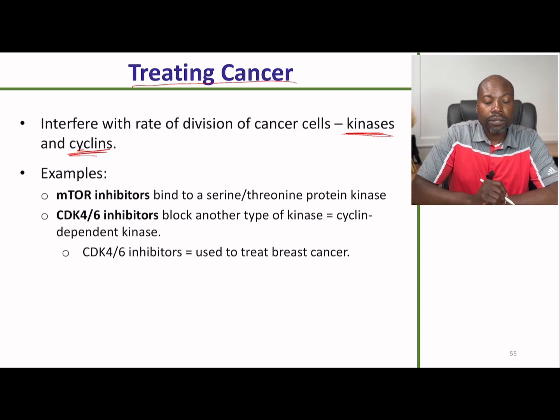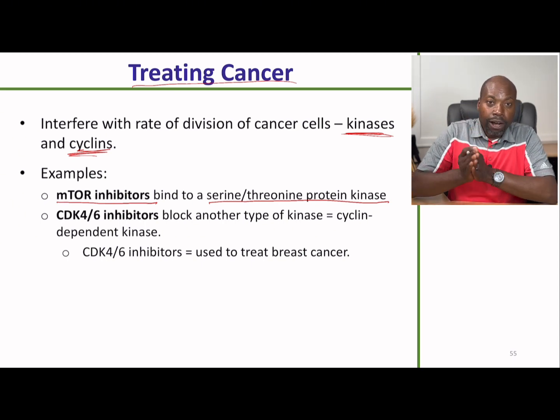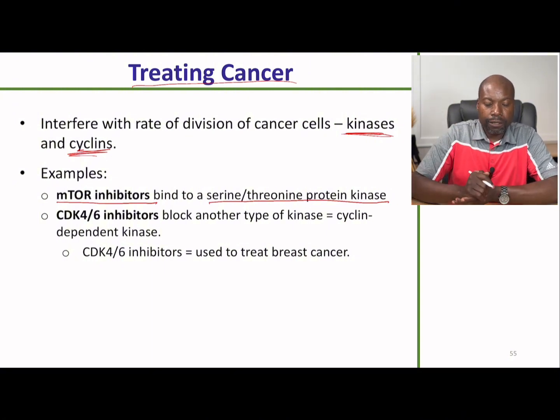Some examples of targeting the rate of cell division is the use of mTOR inhibitors. Okay, these mTOR inhibitors are going to interfere with the activity of the serine threonine protein kinases, which are proteins that are involved in the signal transduction pathway that triggers cell division.